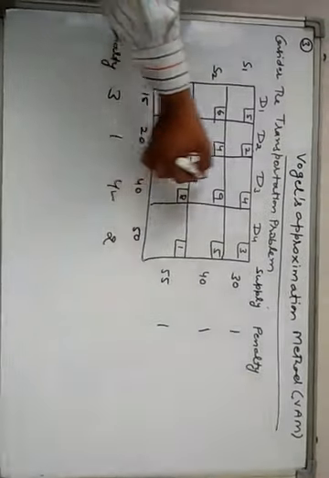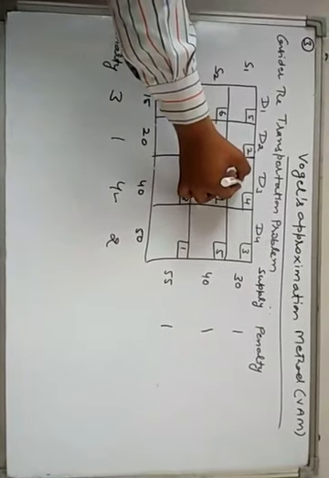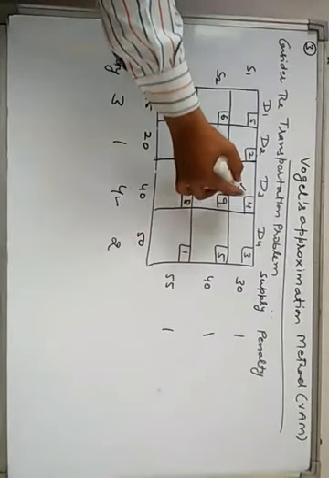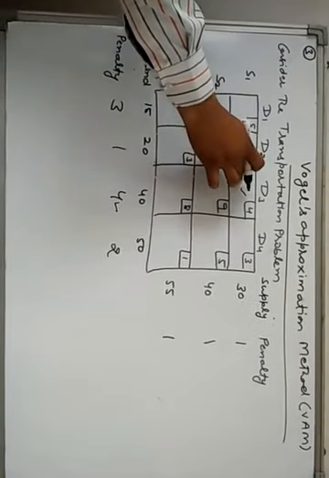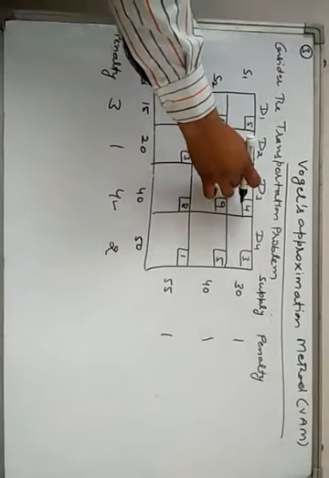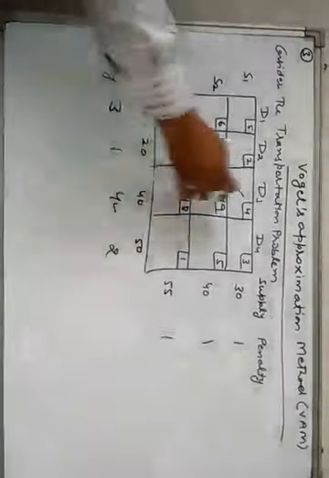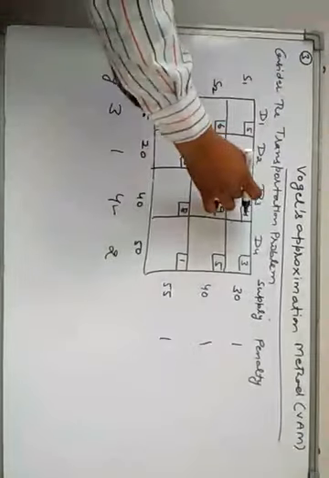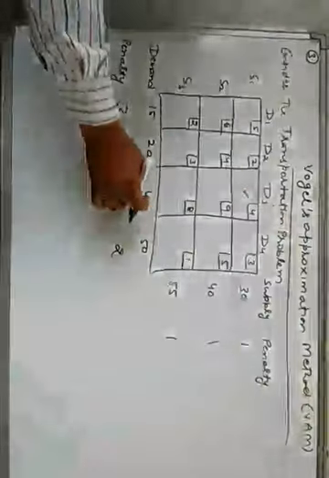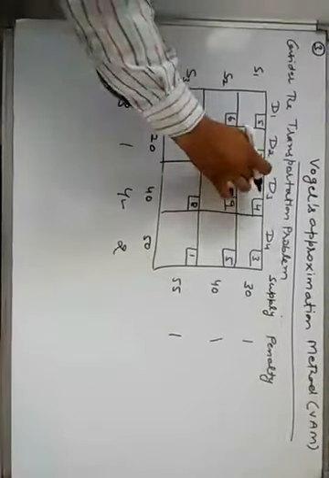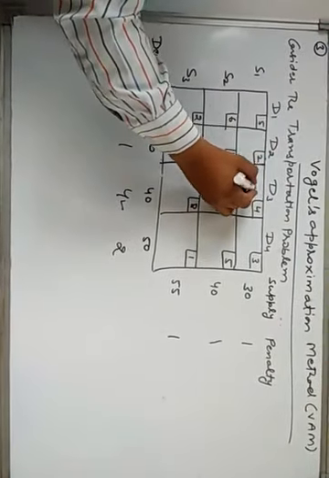Here in this column the smallest cost occurs at this cell, therefore we will select this cell. Now we will allocate in a similar manner. The demand corresponding to this cell is 40 and the supply corresponding to this cell is 30. We will allocate the minimum of these two, that is 30. Therefore we will allocate 30.